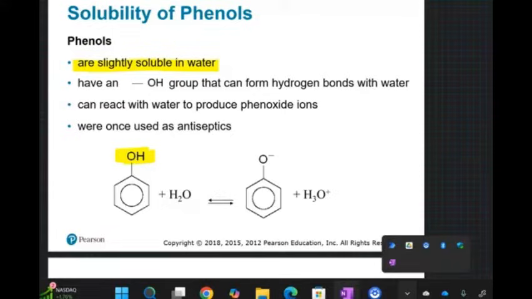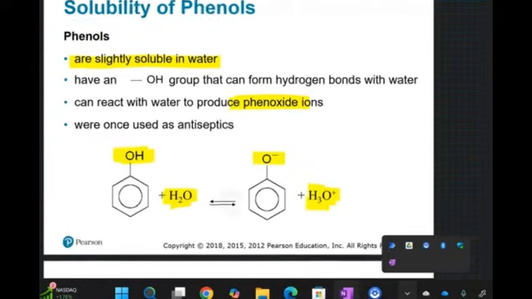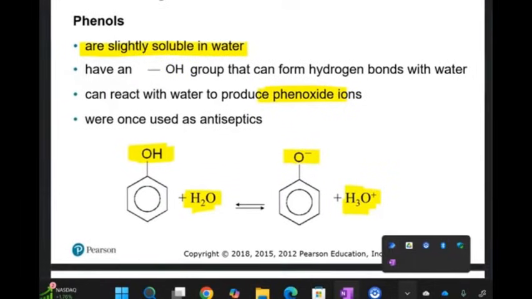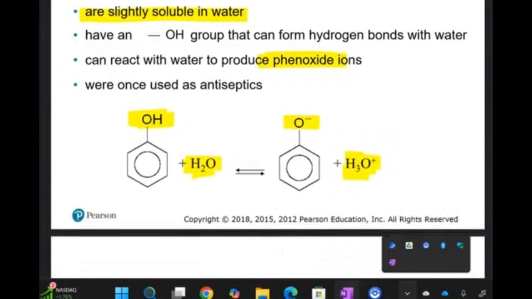Just like in many acids, it can dissociate in aqueous solutions, producing the hydronium cation and the phenoxide anion. As I mentioned before, phenols used to be used as antiseptics, but because of their significant toxicity, not anymore.